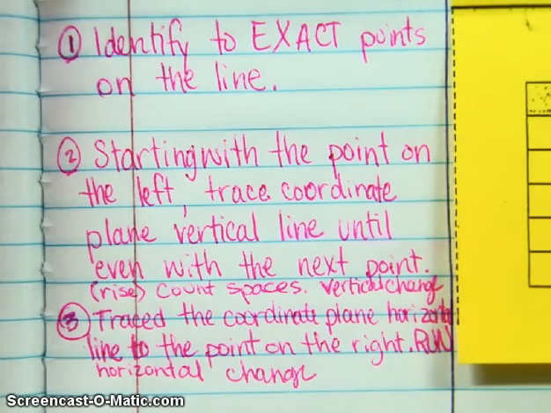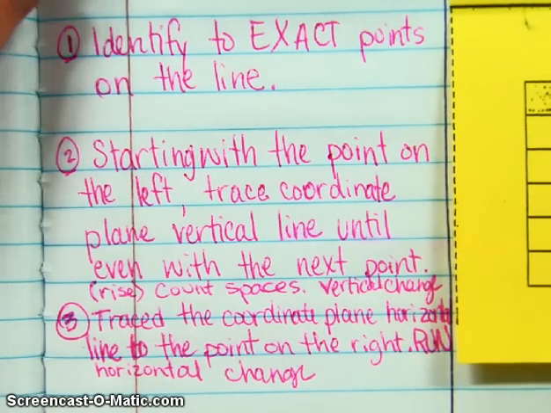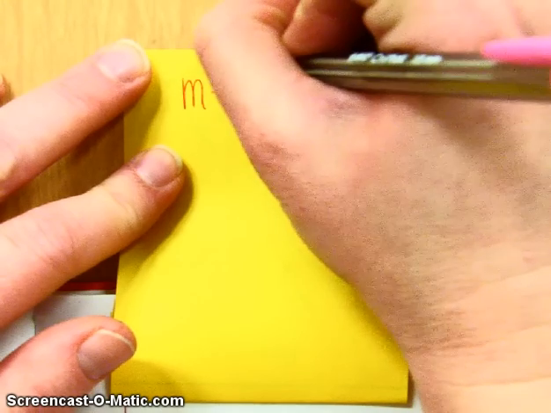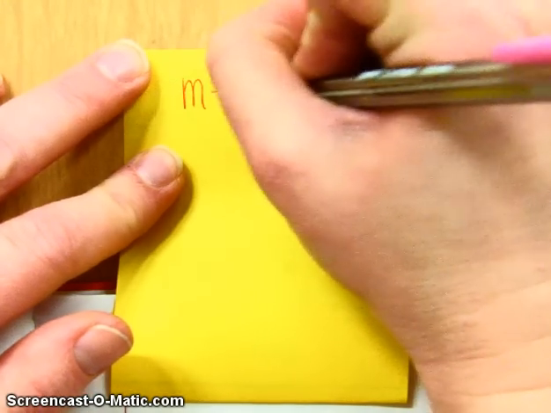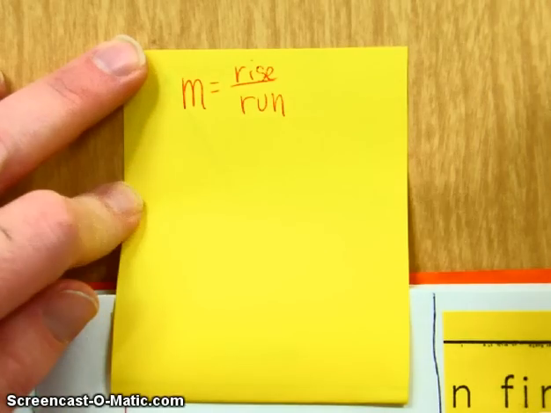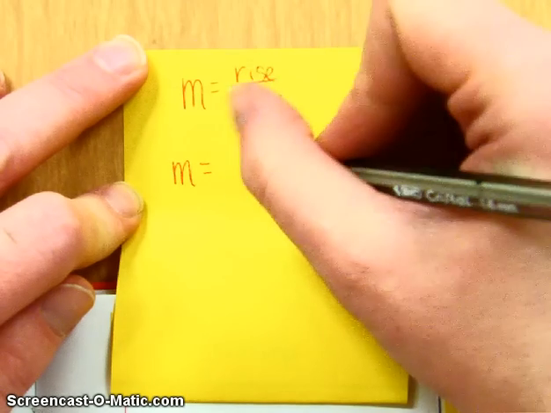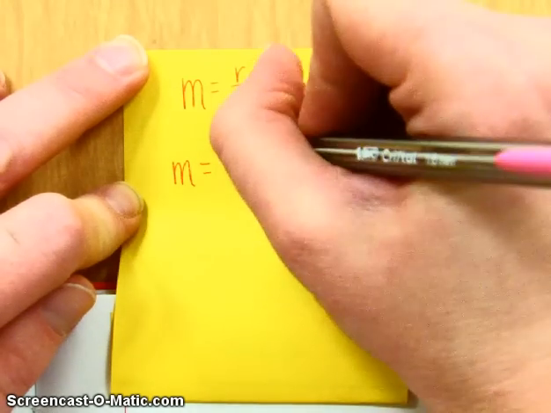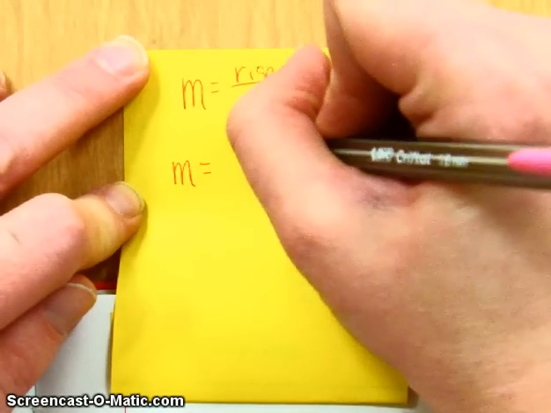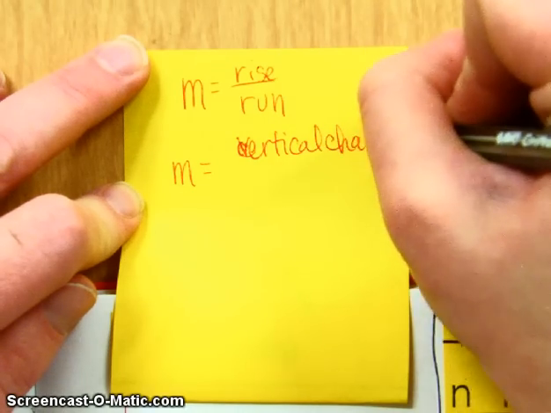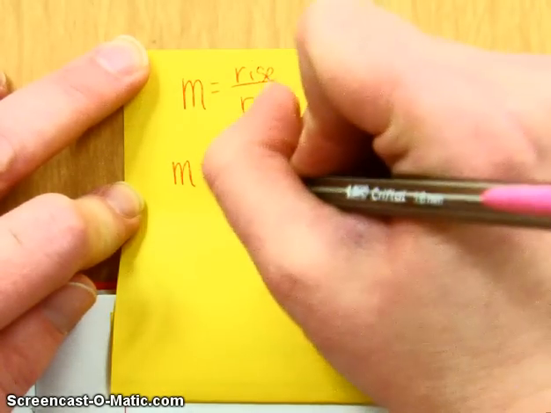So some other things that you should know. M is our rise over our run when we're talking about finding slope from a graph, or we could say slope is the vertical change over the horizontal change.